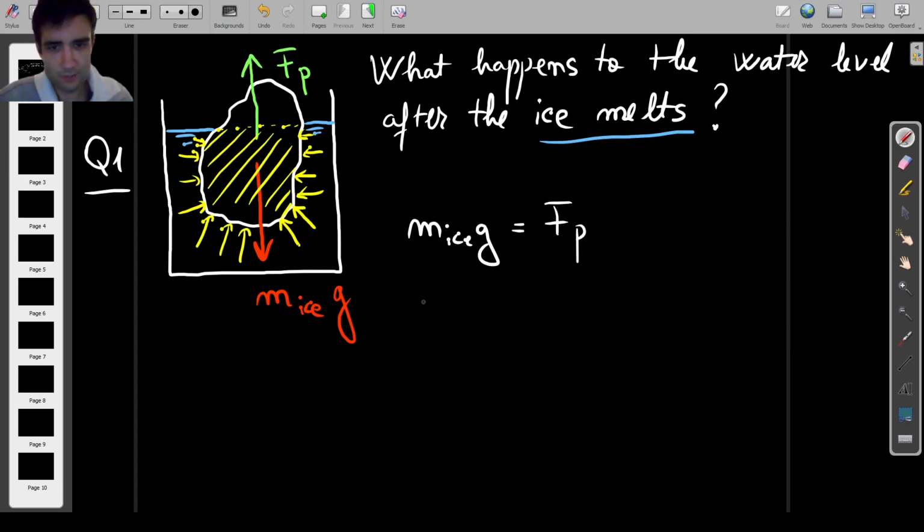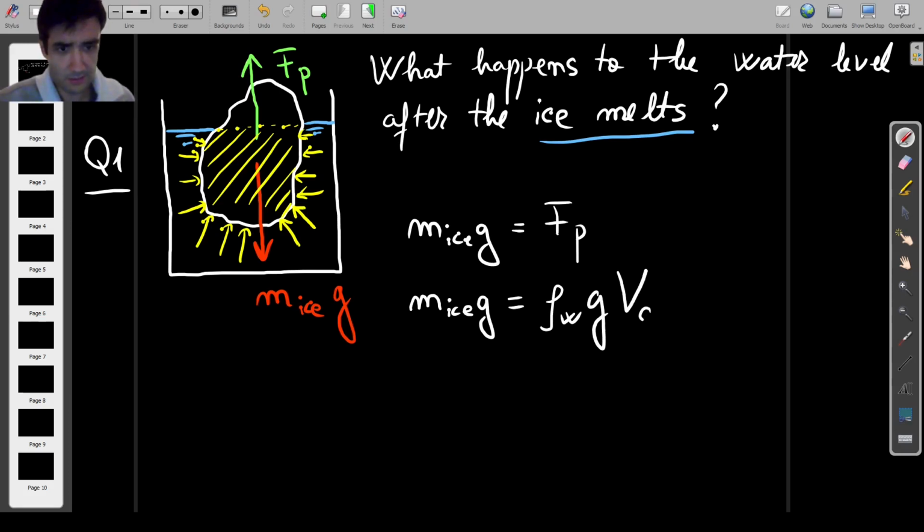So if I rewrite this, the weight of the ice is equal to the weight of the displaced water, which is the density of the water times g, times this yellow volume here that I called Vd. This is the first thing that we have to find.